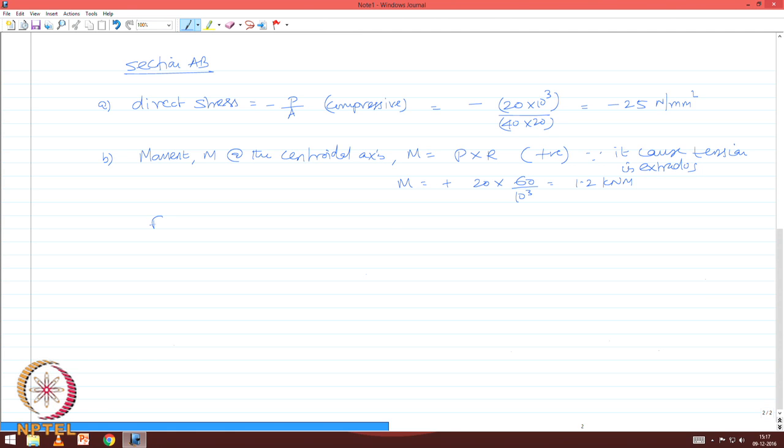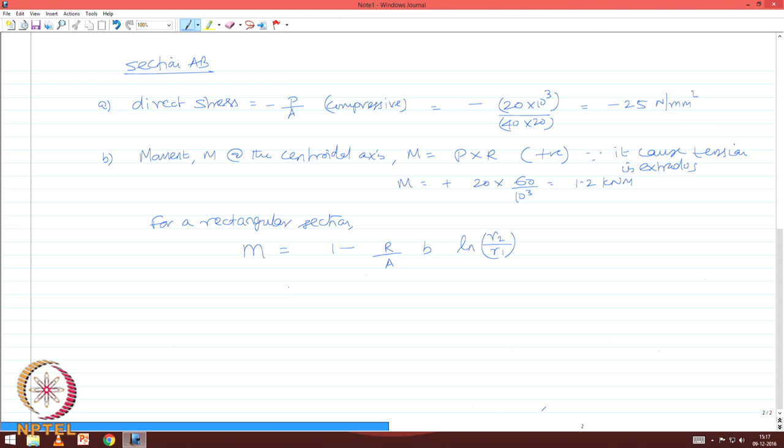We know that for a rectangular section, m is given by 1 minus R by B into natural logarithm of R2 by R1.